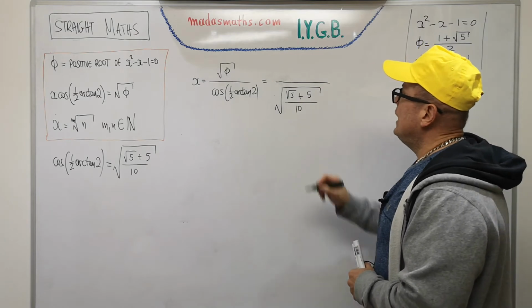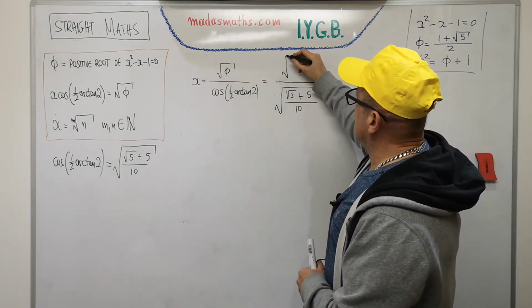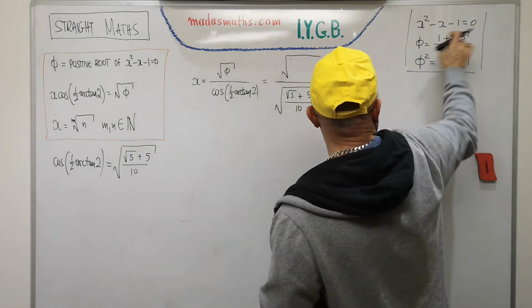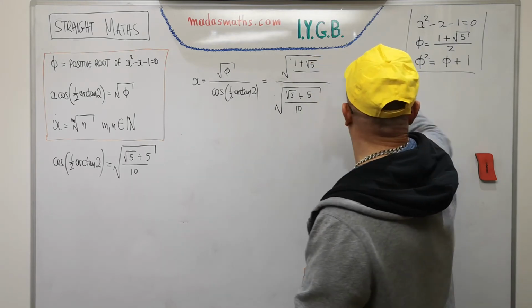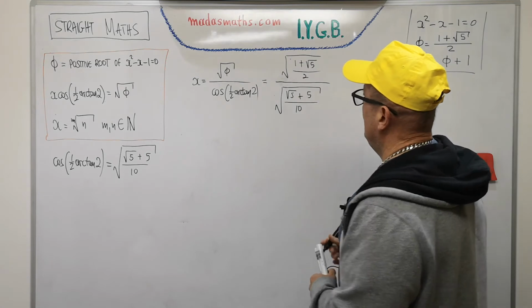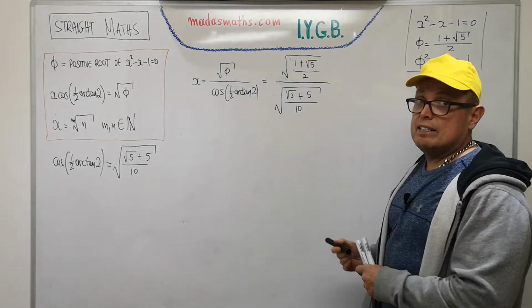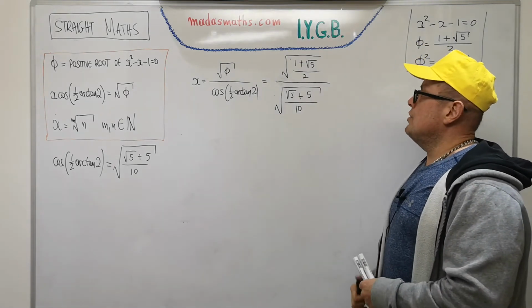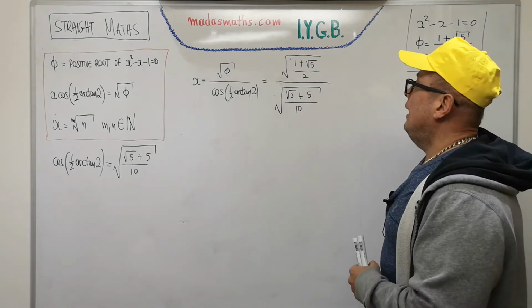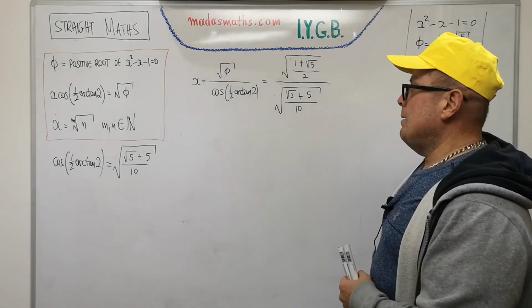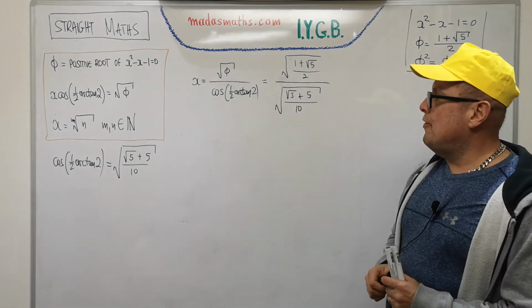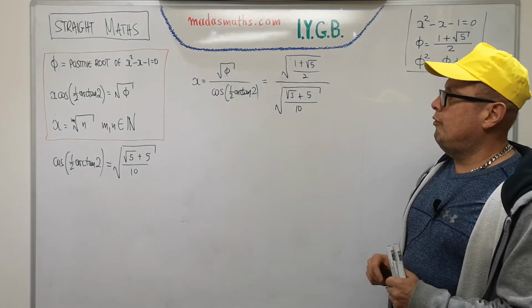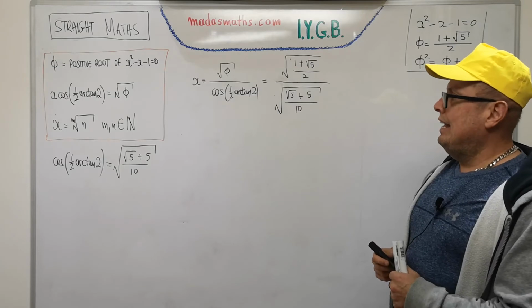And the numerator is of course the square root of the golden number, which is 1 plus root 5 over 2. So unless I made a silly error in all of this, conceptually I don't think I made a mistake, and somehow this has to simplify to the nth root of an integer n.